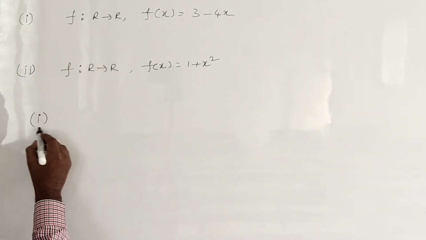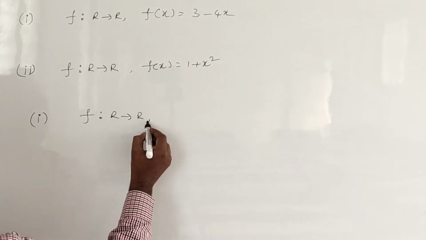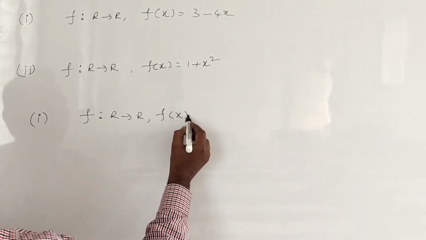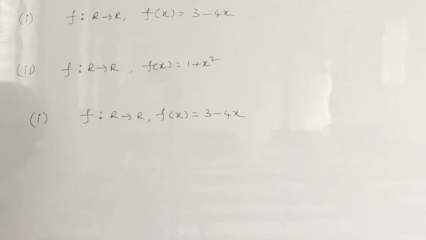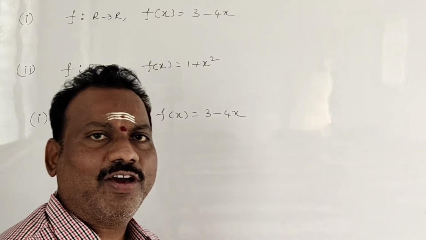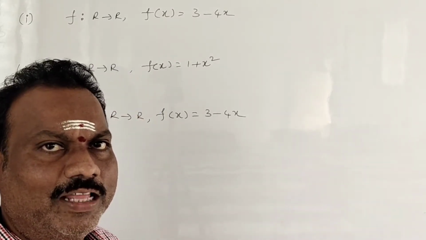What is the first subdivision? f is a mapping from R to R defined by f of x is equal to 3 minus 4x. So, first we want to check whether it is one-one or not using the mathematical definition. You know the mathematical definition.